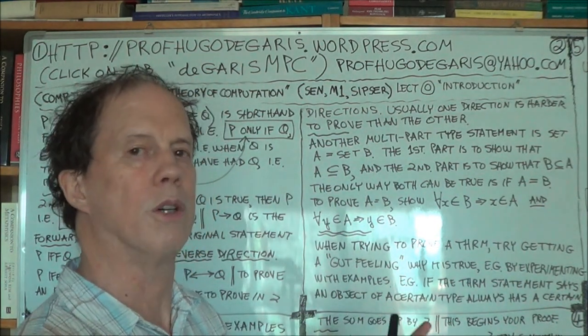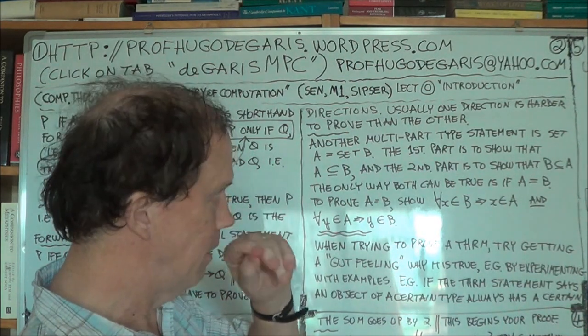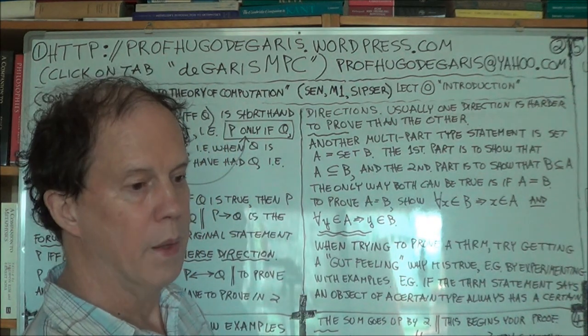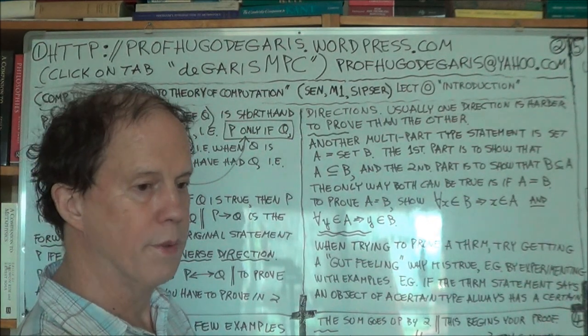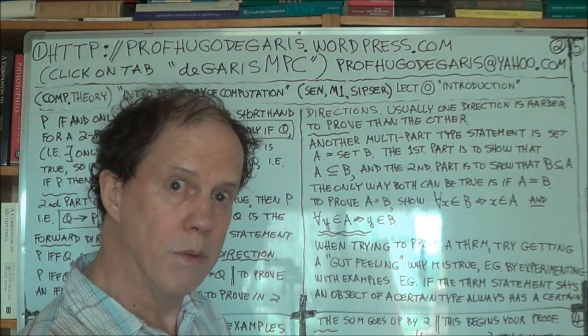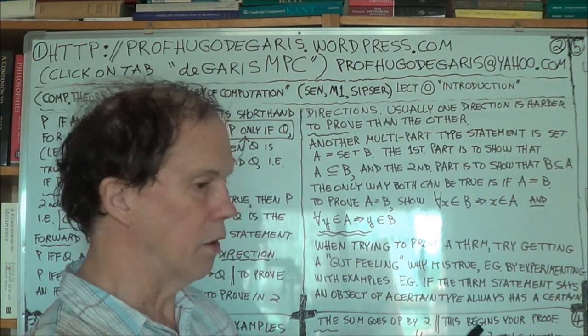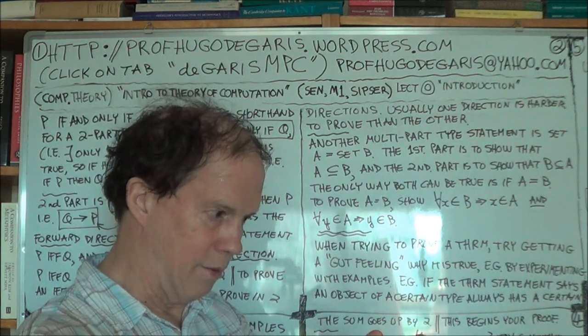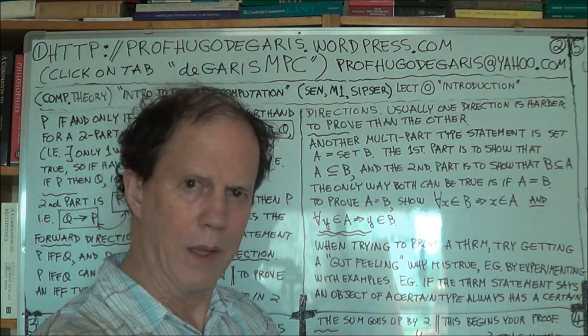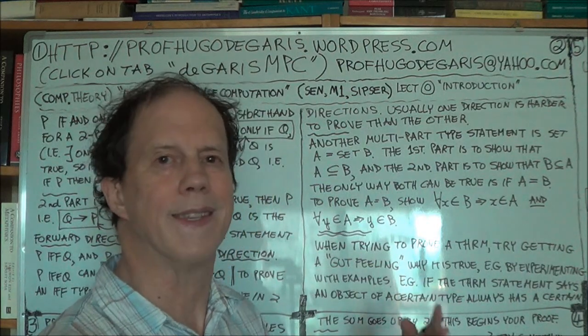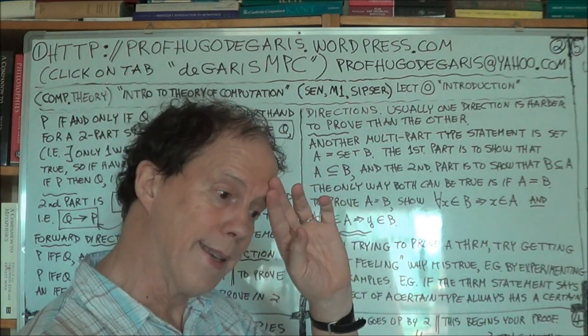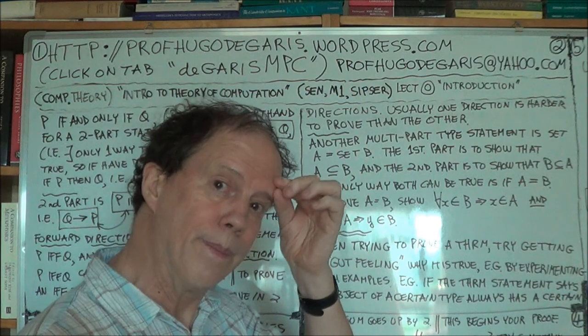You're told what they are, and you're asked to prove that those two sets are actually equal, even though they look different. The way they're specified, the way they're written, they look quite different, but they're actually the same set. You know, and two sets are the same if they have the same elements. Okay.